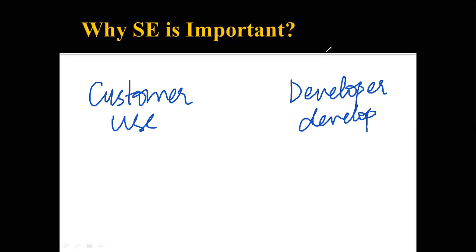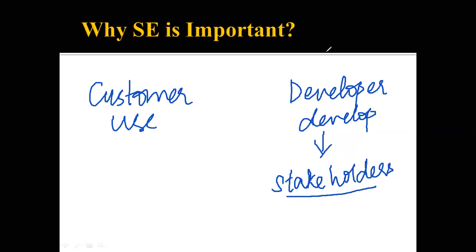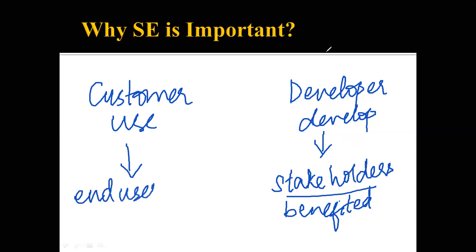The developer in software engineering will be called a stakeholder. Stakeholders are the people that are going to be benefited by the software. And the customers will be called end users, the people that are going to make use of this particular software. These are the end users.